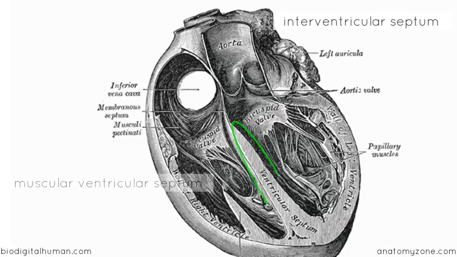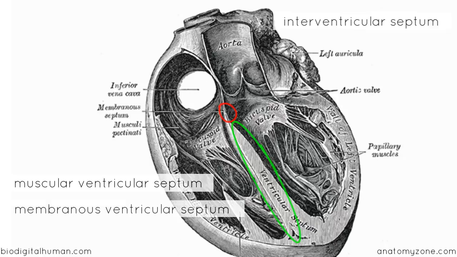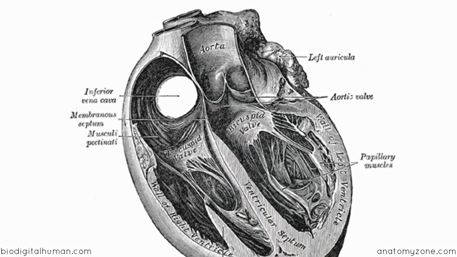You've got this thick muscular ventricular septum which forms most of it. Most of the septum is thick and muscular, but then you've got this little bit at the upper part and posteriorly, which is called the membranous ventricular septum, and this is thin and fibrous. So you've got the membranous and the muscular ventricular septum.